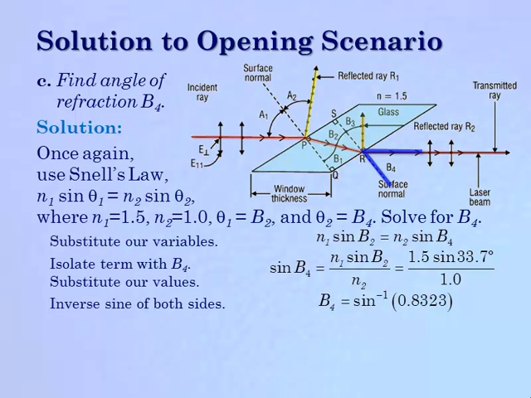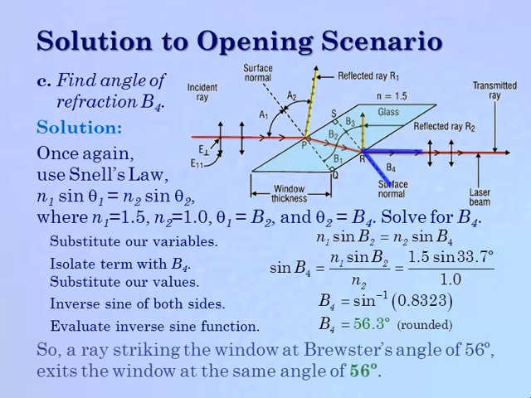Using the inverse sine function on your calculator, you find that B4 is equal to, oh, a number that we've seen before, 56.3 degrees. And it's exactly the same as Brewster's angle. Isn't that interesting? The angle of incidence on the ray over on this side is the same as the angle at which the ray exits on this side. It's just been shifted down a little bit by the refraction inside the window.